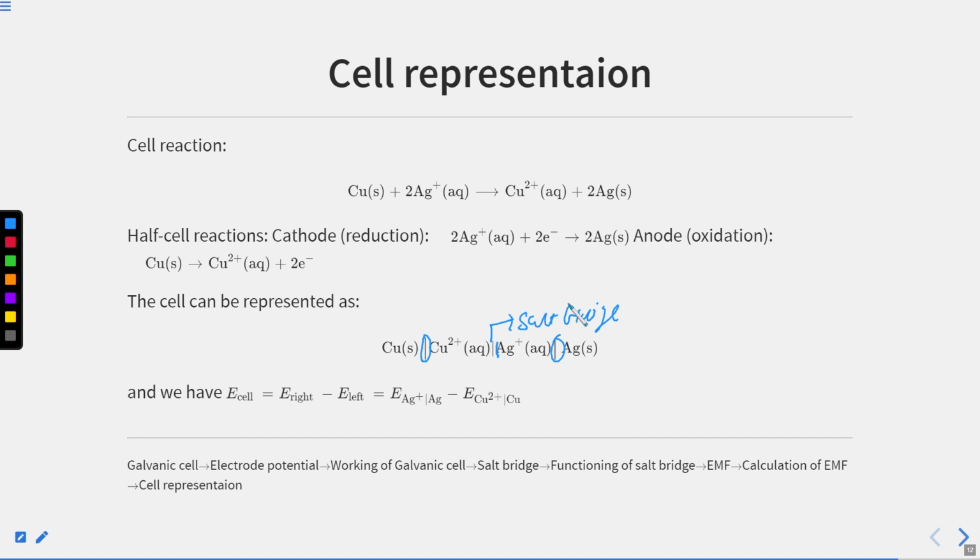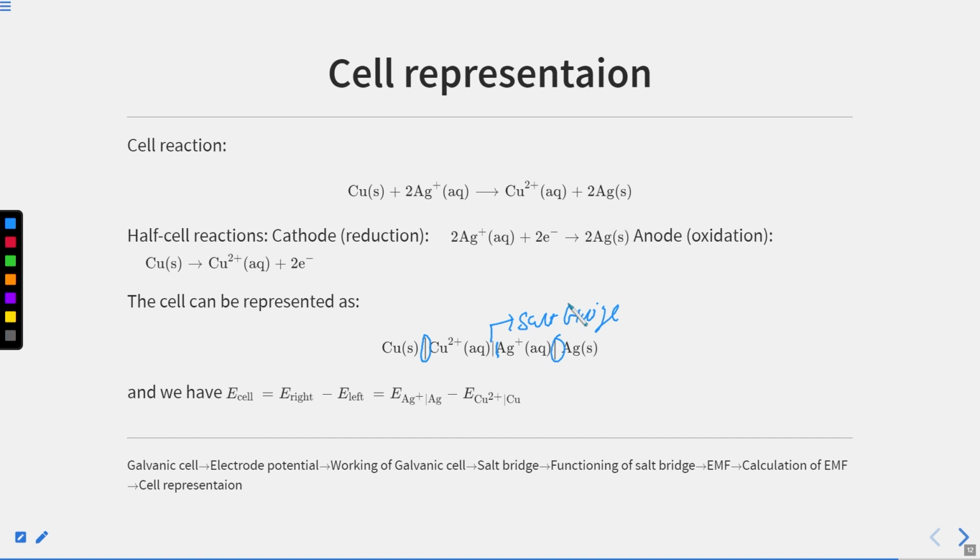Overall we have the EMF of the cell. So what is this EMF? It is the difference between the electrode potentials of both sides just before the reaction has started, or the switch is on. Okay, so in this way a galvanic cell works.